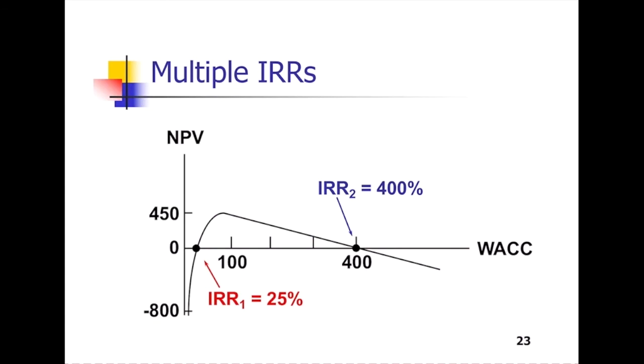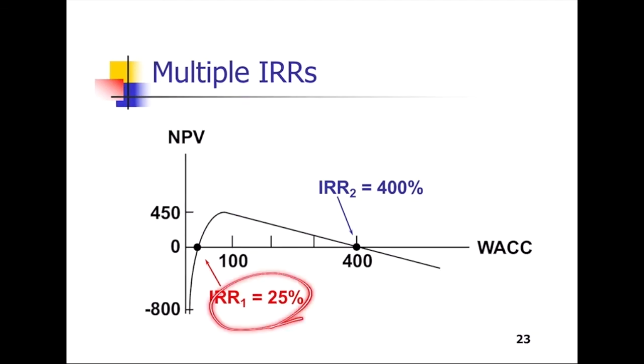When you solve the equation, you get two solutions. The first one is IRR 1, 25%, and the second one is 400%. But the big problem is we don't know which one is meaningful, so we don't use the IRR.